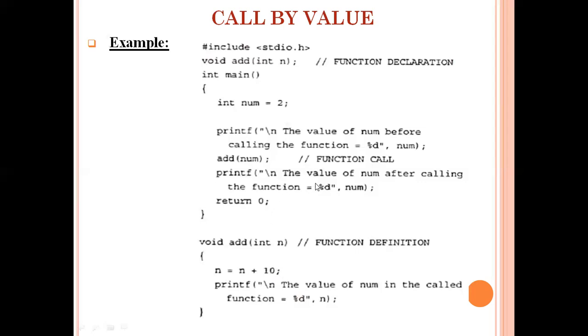But when we execute this particular statement, it displays only the previous value, that is number equal to 2. The value of number after calling the function is equal to 2 because this modification is not reflected in the calling function portion. Okay, and next one, return 0.